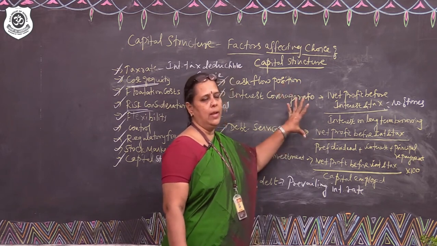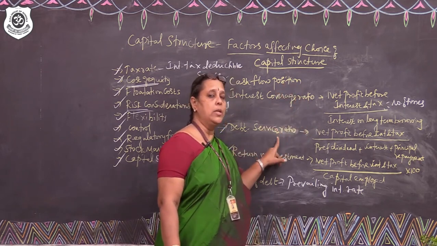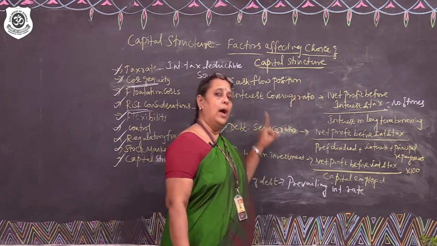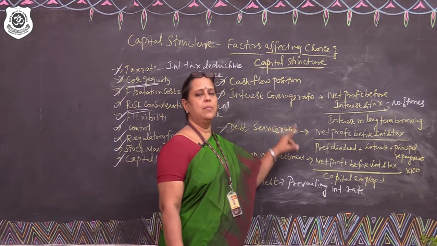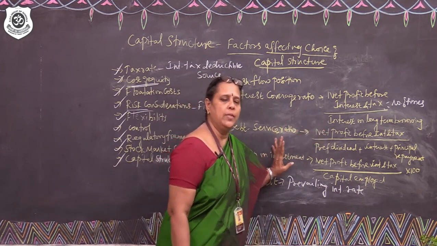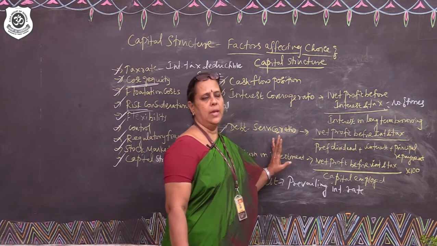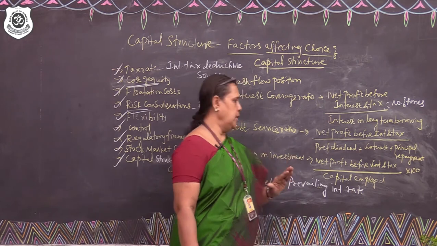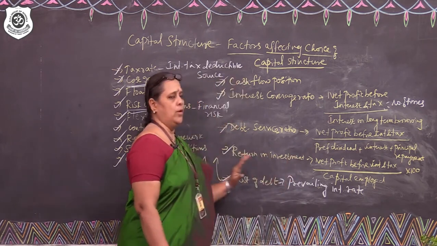We can make it very clear that debt service ratio has a wider scope than interest coverage ratio. So here again, higher the ratio, greater is the ability of the organization to meet its fixed obligations as and when they arise. So that being the case, a company can confidently employ more of debt and less of equity.